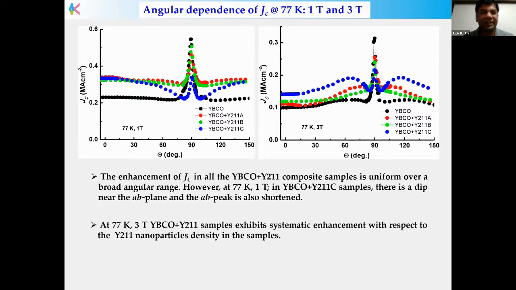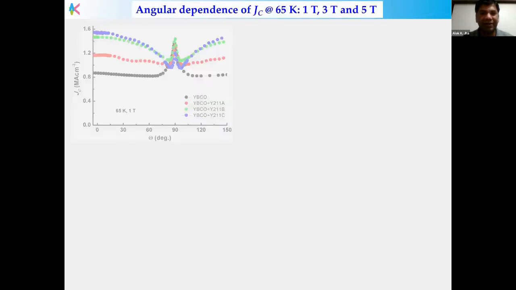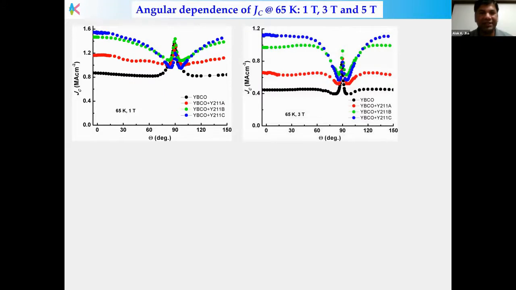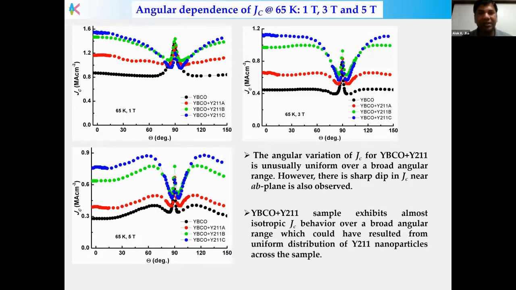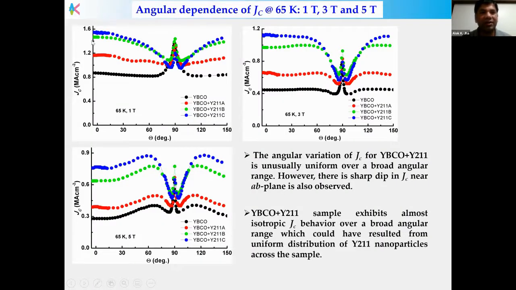These are the results at 77K, and further we have a very large enhancement in the value of critical current density in the nanocomposite films at 1 Tesla, 3 Tesla, and 5 Tesla. The angular variation shows that the JC value is uniform for a wide range of magnetic field orientations.